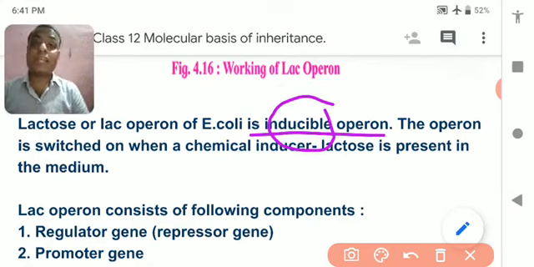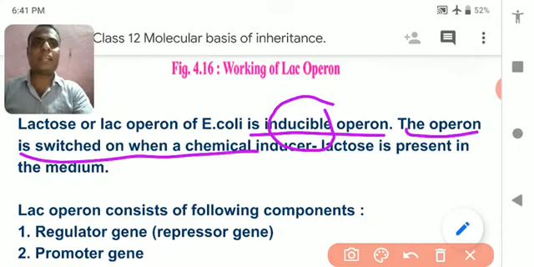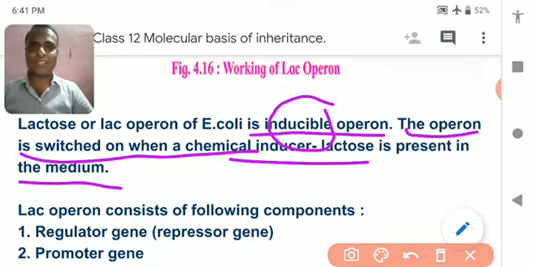Understood? When lactose is induced inside the E. coli, they start forming a particular kind of enzyme. So it is an inducible operon. The operon is switched on when the chemical inducer lactose is present in the medium. Hope you understood these things.